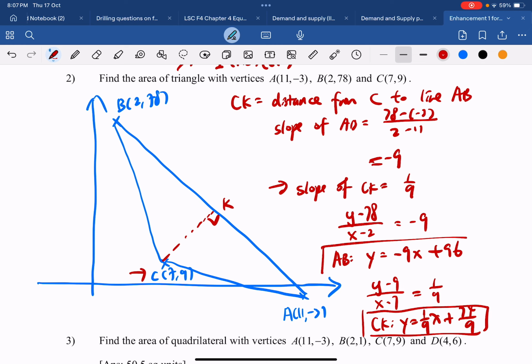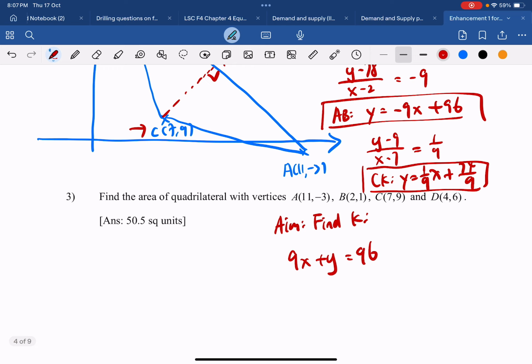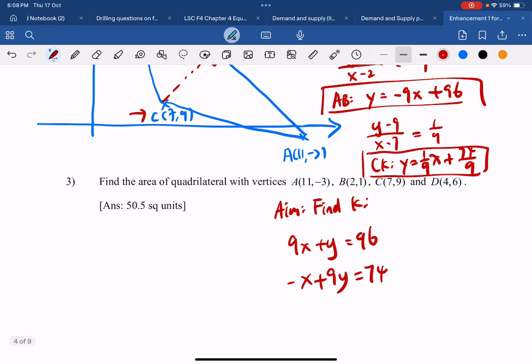So now what we do is to again solve the simultaneous equations in order to find the coordinates of K. So now our aim is to find K, right? We can turn these equations into general form first. AB is 9x plus y equals 26, and CK is negative x plus 9y equals 74, after multiplying both sides of the CK equation by 9.